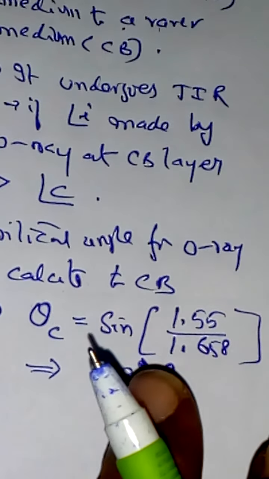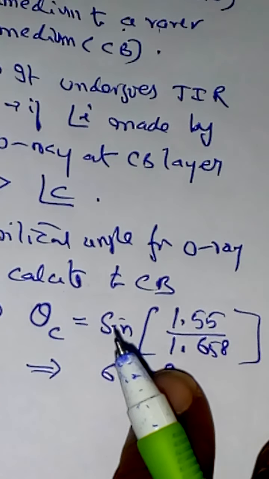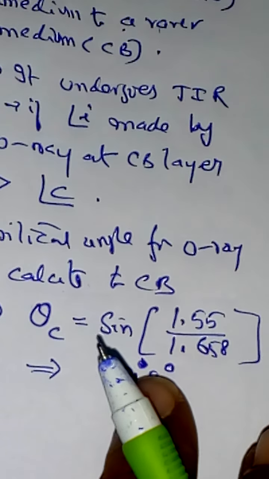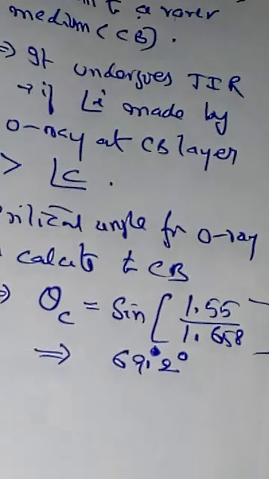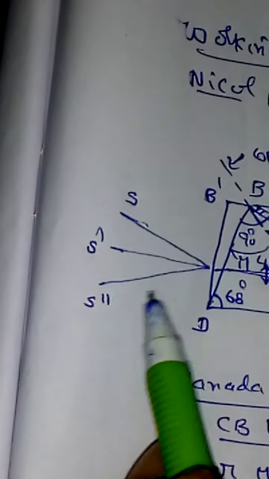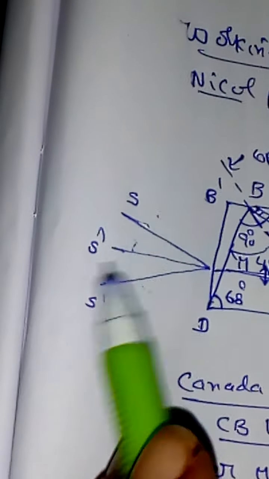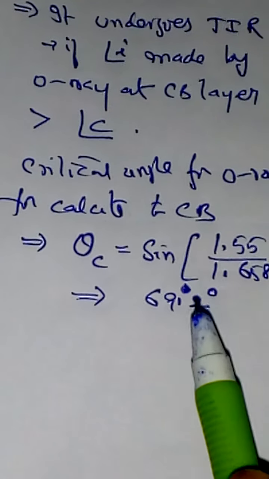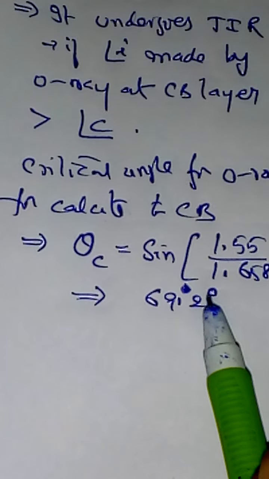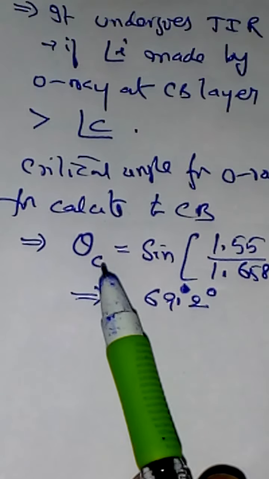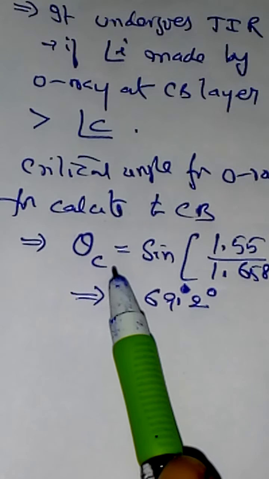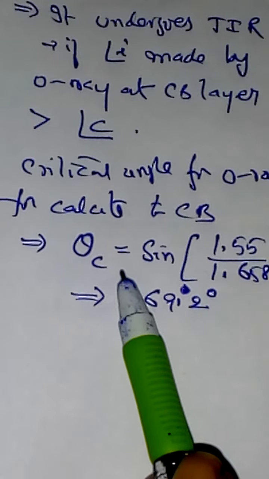Now, in order to make the angle of incidence made by the ordinary ray at the calcite and CB interface more than the critical angle, here we are getting the critical angle as 69.2 degrees. So when do you get total internal reflection? Only when angle I is greater than angle C, more than the critical angle.